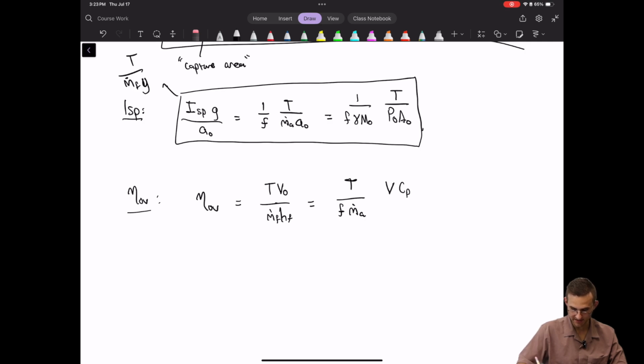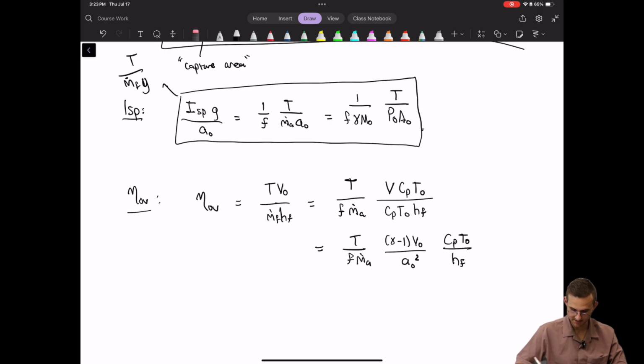We'll have Cp T naught, so T of the free stream, times Cp T naught over HF on the bottom. Continuing to rewrite this, you have T over F times m dot A times gamma minus 1 V naught over A naught squared, times Cp T naught over HF.